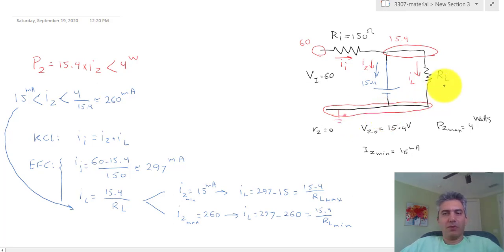We don't know all the values for the components. Instead, we have limits on the currents and voltages, or mostly the current in the circuit, but nevertheless the process stays the same. Hopefully this has been helpful. Thank you for your attention.